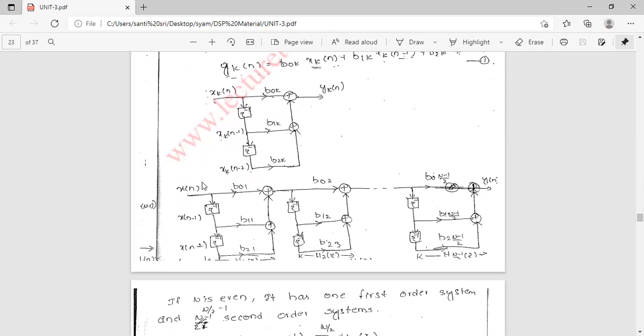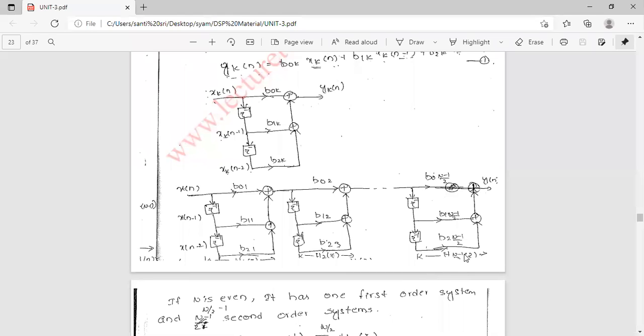So it is b01 into x of n plus b11 into x of n minus 1 plus b21 into x of n minus 2. This is nothing but h1 of z, into b02 into x of n plus b12 into x of n minus 1 plus b22 into x of n minus 2, which is h2 of z, up to b0 n minus 1 by 2 into x of n plus b1 n minus 1 by 2 into x of n minus 1 plus b2 n minus 1 by 2 into x of n minus 2.